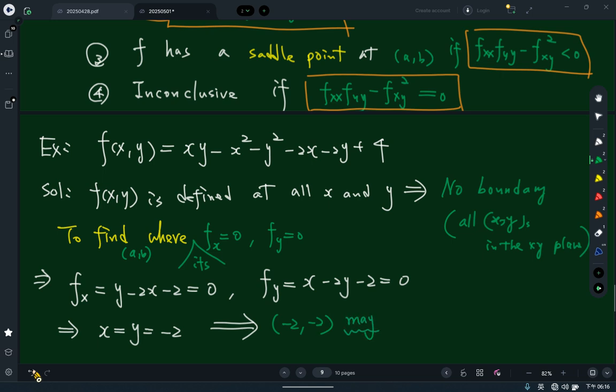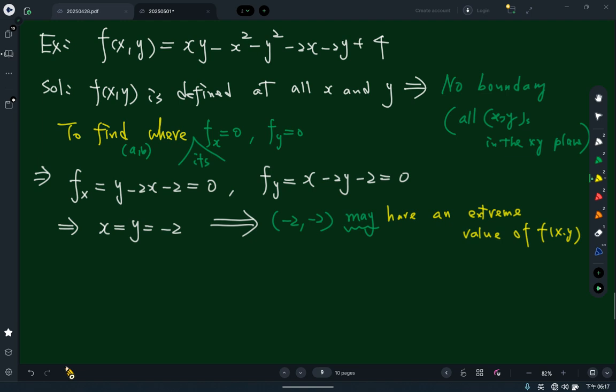I still cannot conclude if it has an extreme value, but right now it's a candidate point. So this is the first stage.